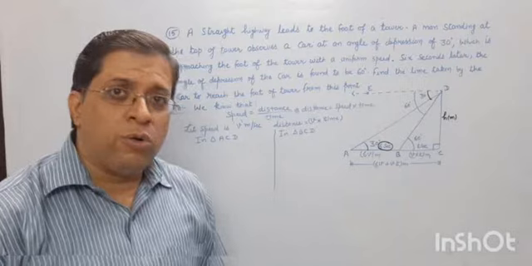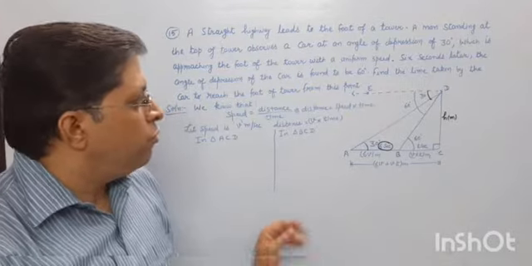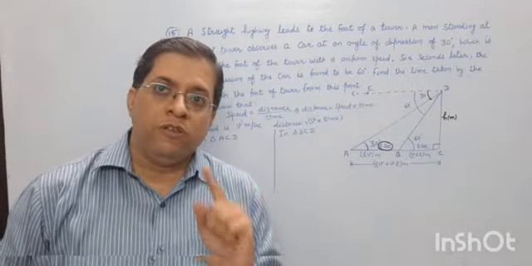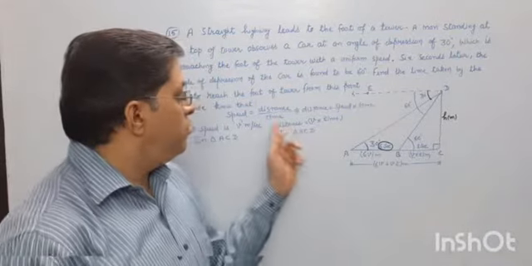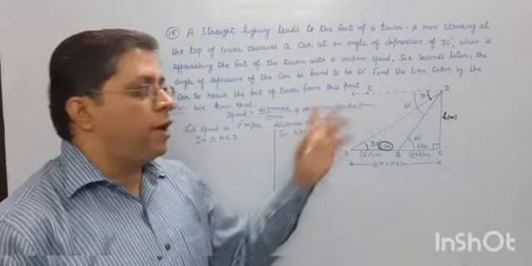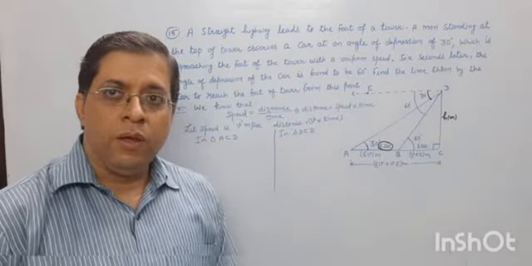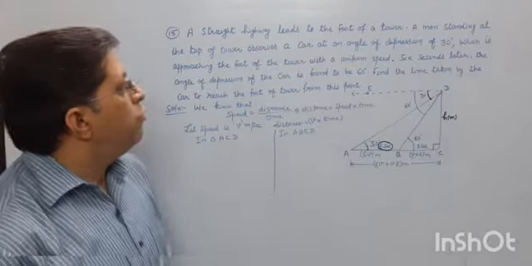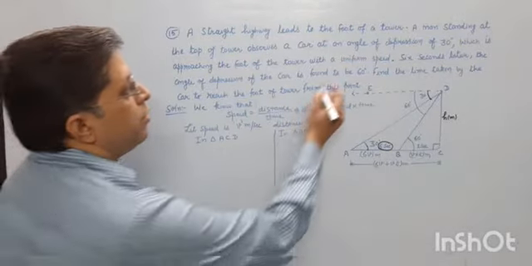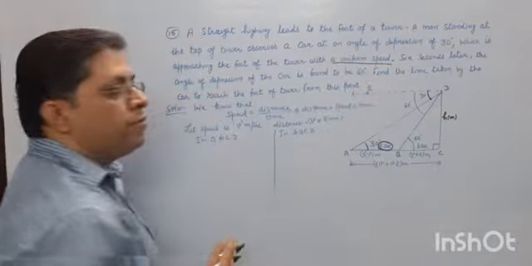Now what to do? First of all, we know speed is equal to distance upon time. Then distance is equal to speed into time. Speed is given to you, uniform speed.